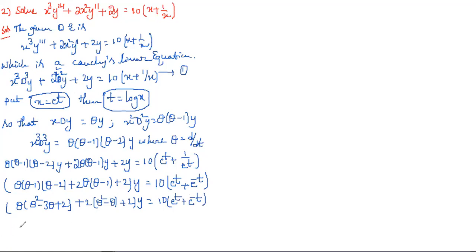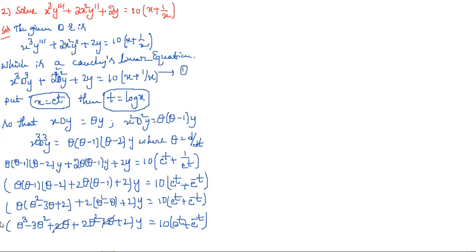Multiplying, we get theta cube minus 3 theta square plus 2 theta plus 2 theta square minus 2 theta plus 2, into y, is equal to 10 into e power t plus e power minus t. Here minus 2 theta and plus 2 theta cancel.